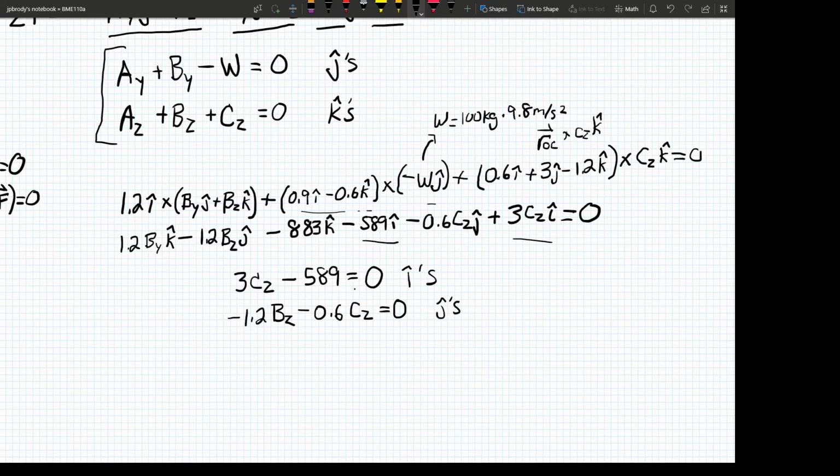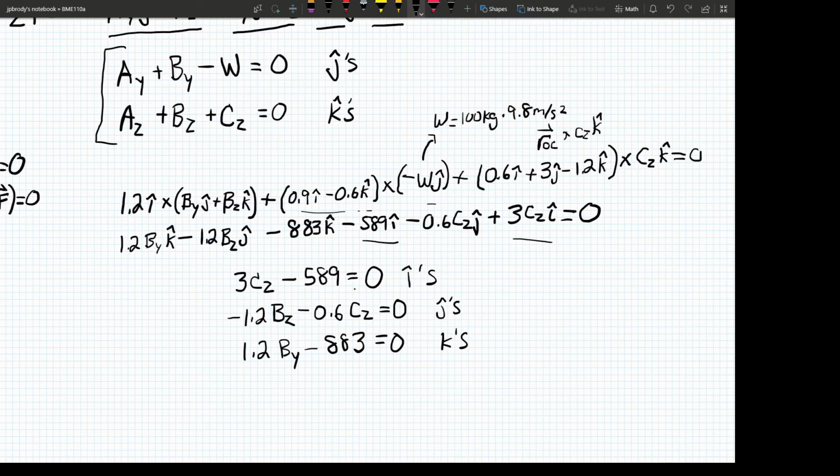And then I can do the k hats. We've got this one, k hat. There's two of them here. And I have 1.2 b sub y, and I have minus 883 equals 0. This is the k hats.